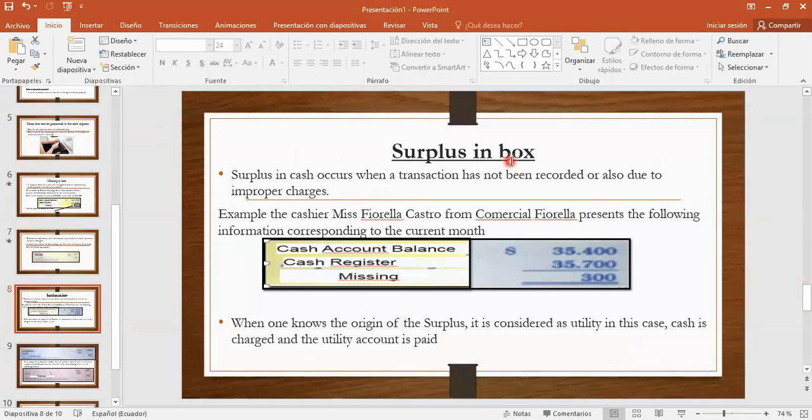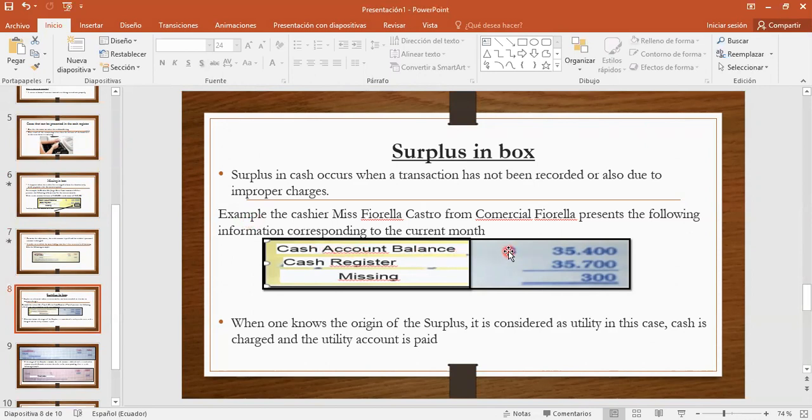Surplus in the book. Surplus in cash, or surplus in books, occurs when a transaction has not been recorded or also due to improper things. Example: the cashier Miss Fiorella Castro from Commercial Fiorella presents the following information corresponding to the current month.